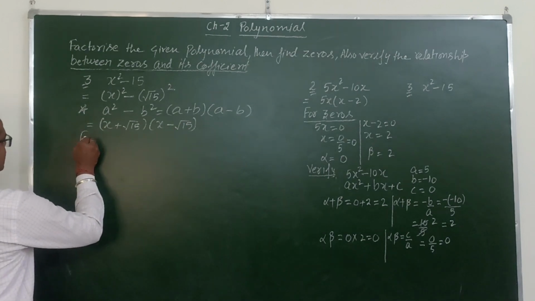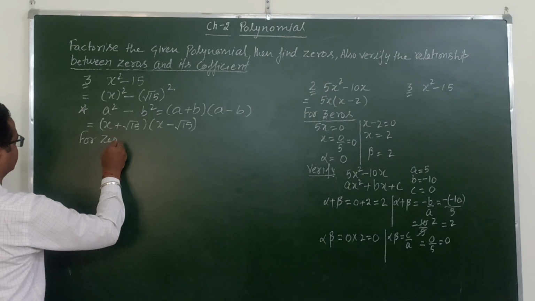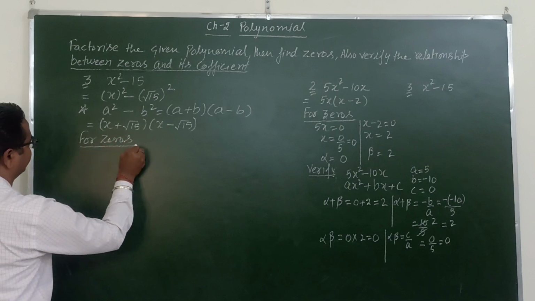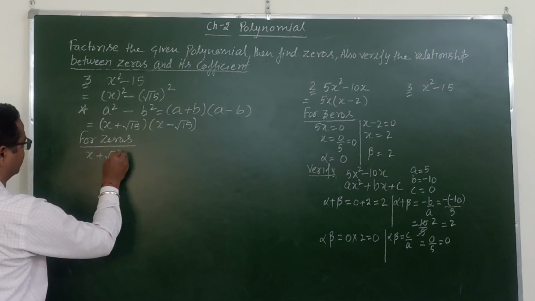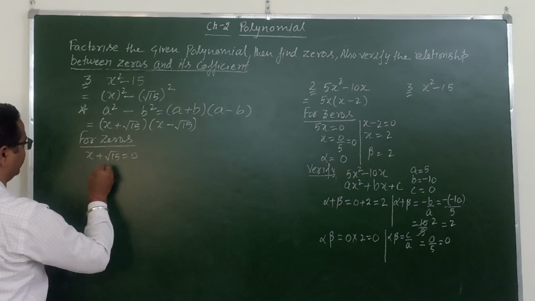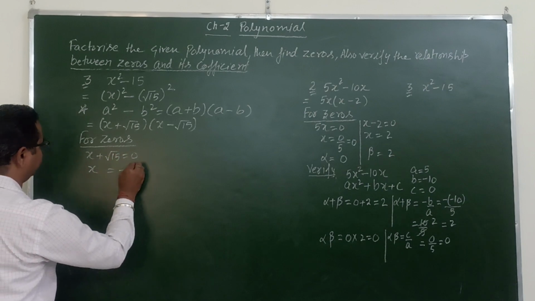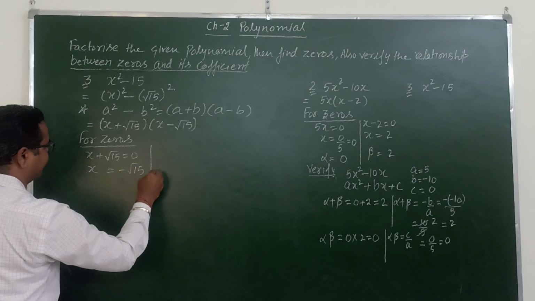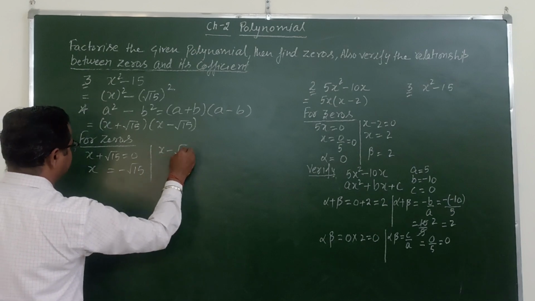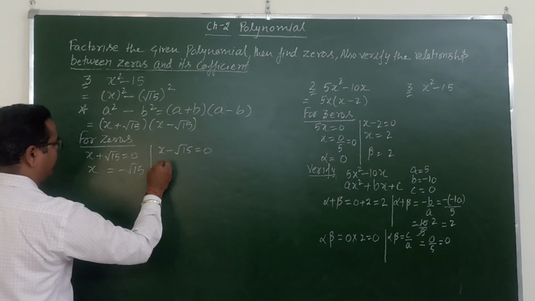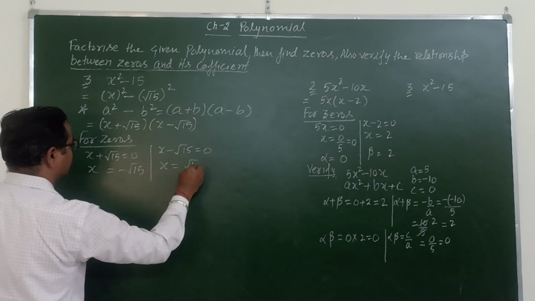For zeros, x plus root 15 equals 0, so x equals minus root 15. X minus root 15 is equal to 0, x equals root 15.